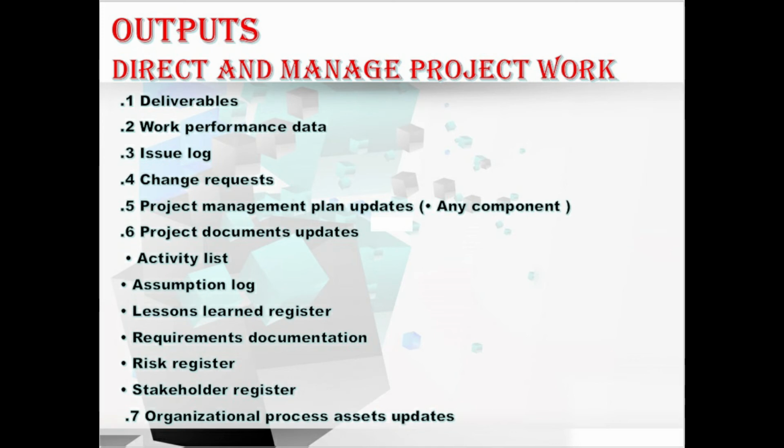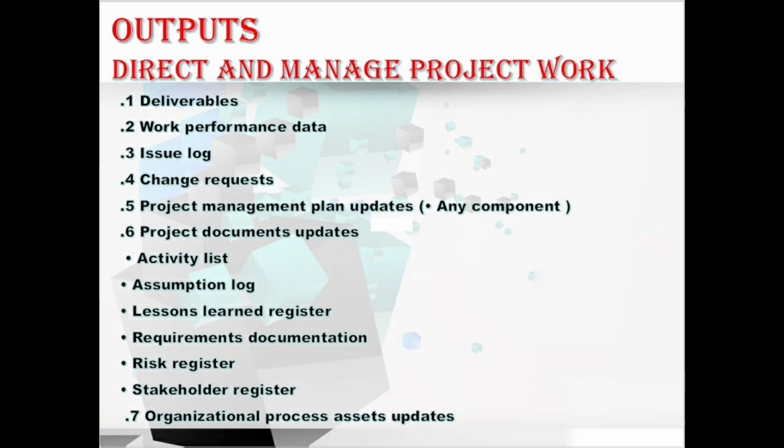Data on these issues that may be included in this issue log are the issue type, who raised the issue and when, the description, the priority, who is assigned to this issue, the target resolution date, status, and final solutions. So all this information is contained in this issue log. Hope you understood about this output of direct and manage project work.